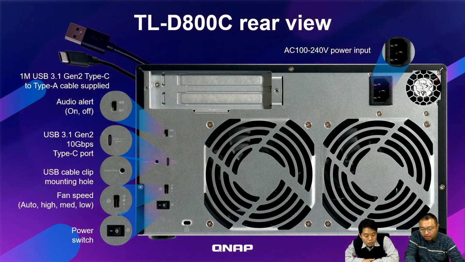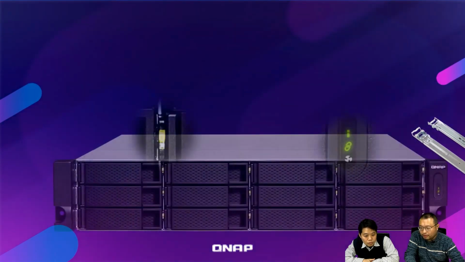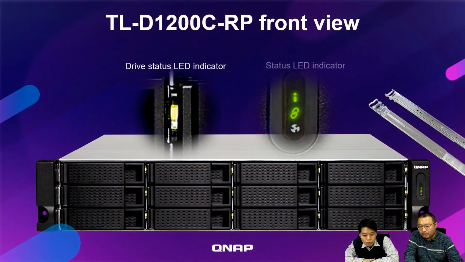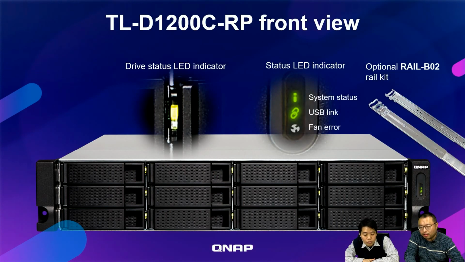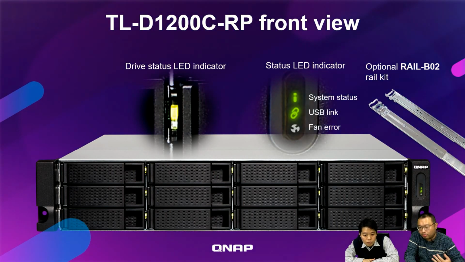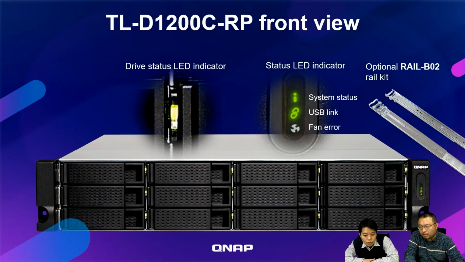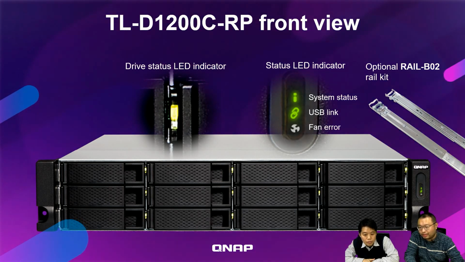Let's take a look at the 12-bay Rackmount model. Here, the 12-bay model has the same front and rear features. The only difference is that you have an additional accessory available, which is the rail kit. So if you want to put it into your rack, you can go with the optional rail kit.